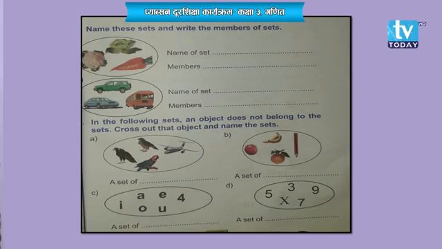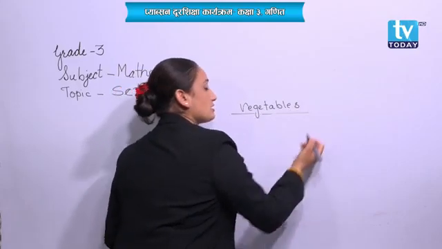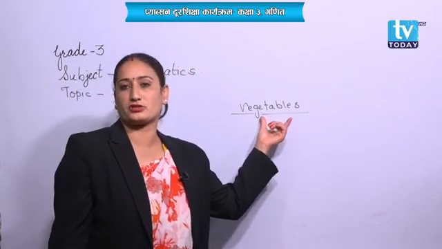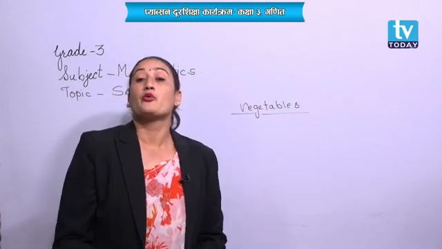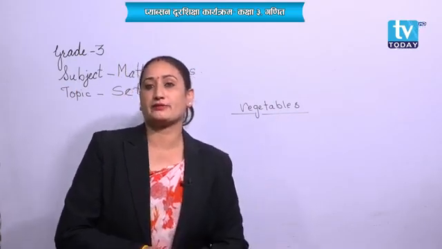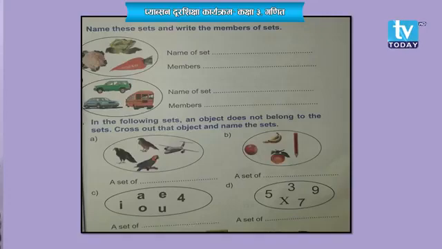Can you give the name of that set? Okay, name of the set is vegetables. Just write it down, fill up that box, okay? Vegetables. And what are the members of vegetables? You have to write: cabbage, cauliflower and then carrot. Can we write the member names this way?